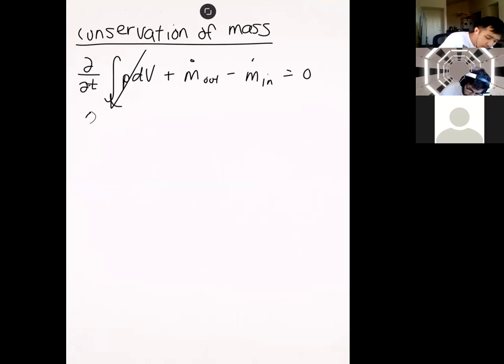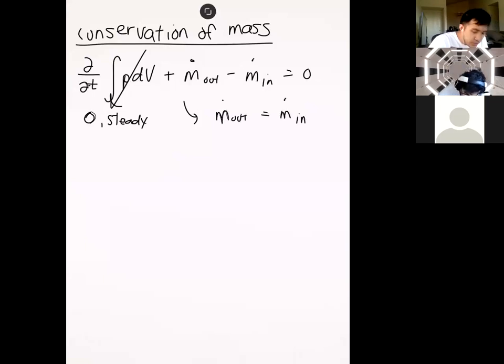We say this is 0 because of steadiness. Okay, and so we get that m dot out is equal to m dot in. Okay, as is usually the case for a steady flow like this.